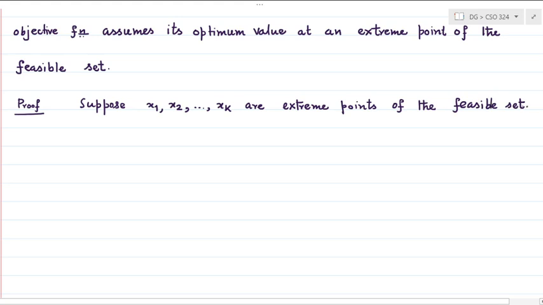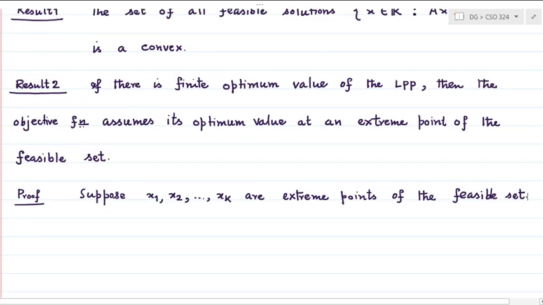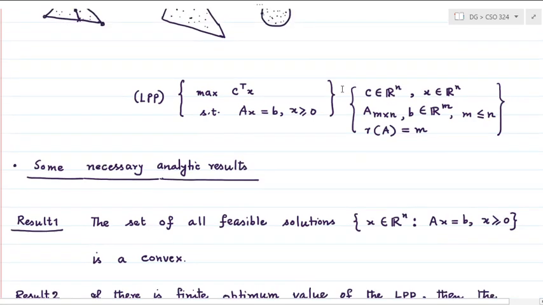And now, as in the result we have assumed that there is finite optimum value of the LPP, this objective function c transpose x gets its maximum value at a very specific point in this feasible set, because you have to find the maximum value of this objective function in this feasible set. Fine. For instance, this is not the scenario for every linear programming problem.